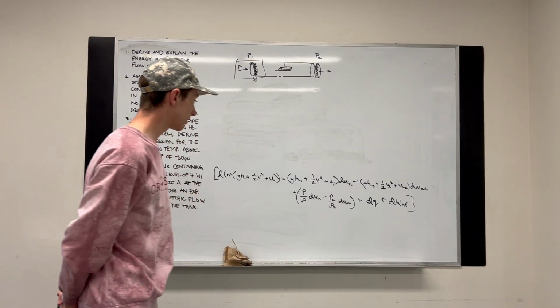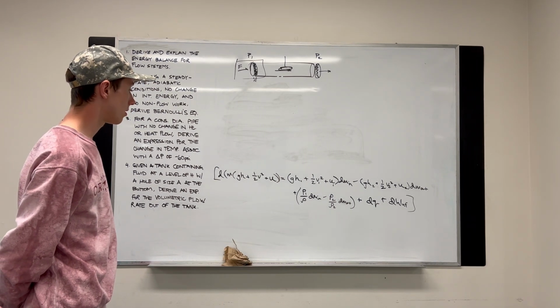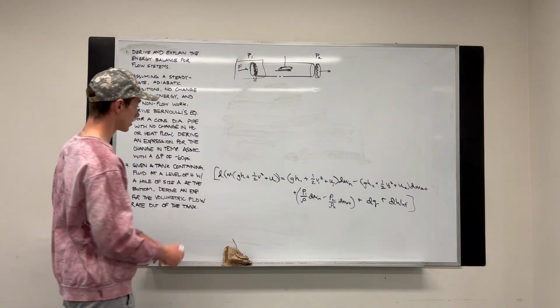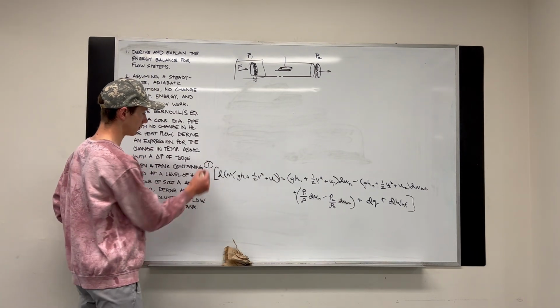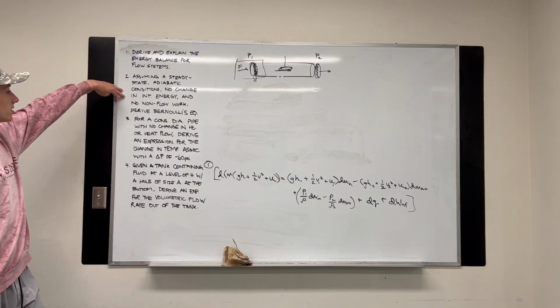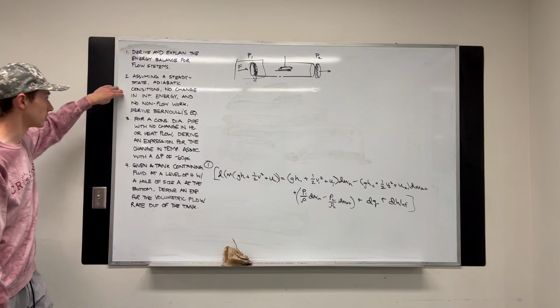Let's see, is that where I want to leave it? I think so. Okay, so this is our answer to number 1 here. So, assuming steady state, adiabatic conditions, no change in internal energy, no non-flow work, derive Bernoulli's equation.